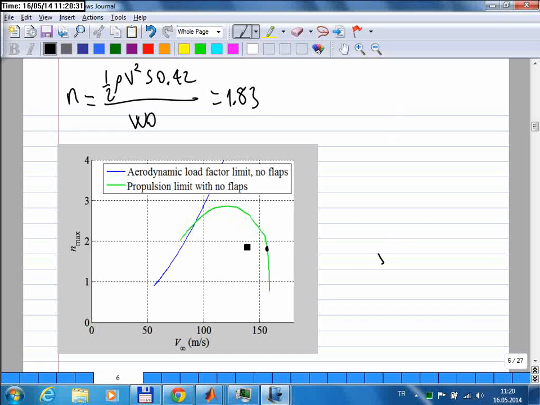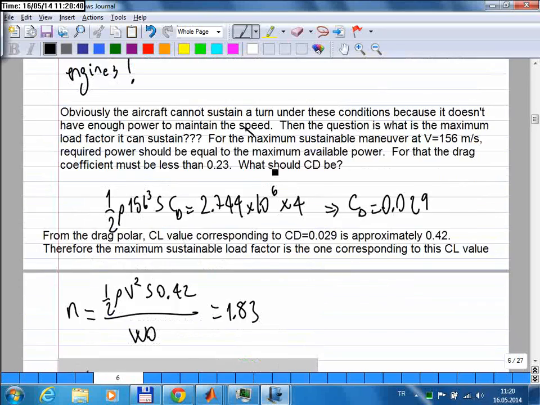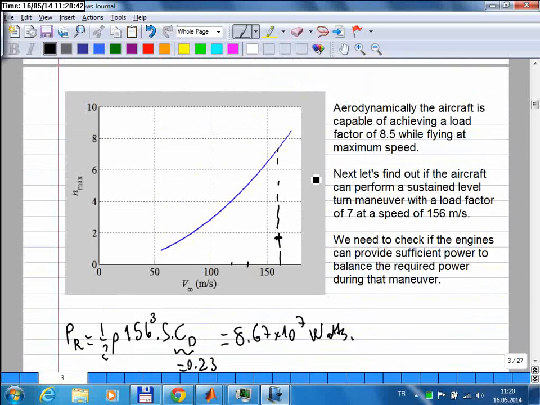Well, you can attempt turn maneuvers at higher speed, but what will happen is, if you want to perform this maneuver, you can increase the lift coefficient to its maximum value by increasing the angle of attack. You can start turning, but the aircraft will start quickly decelerating, right?